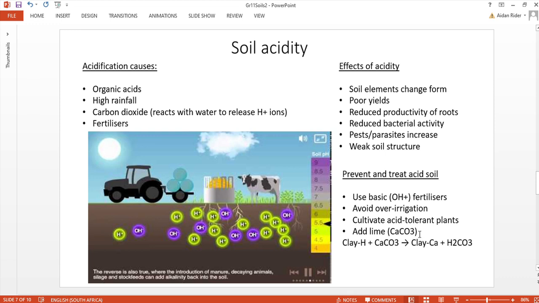So now the calcium is attached to the clay, and you get carbonic acid. When this dissociates, you get water and carbon dioxide, H2O and CO2. So that's good: more water into the soil, more carbon dioxide.